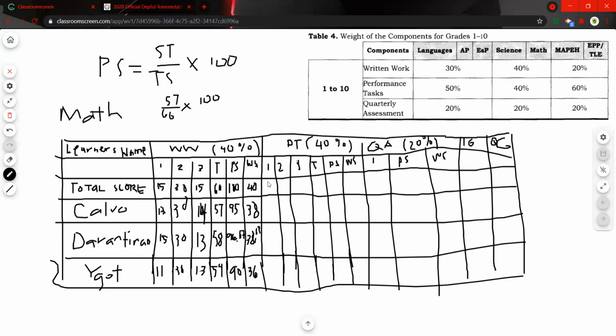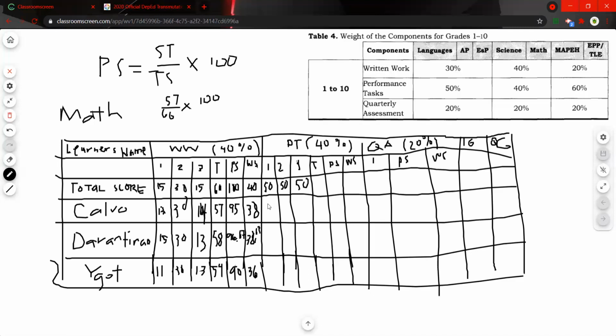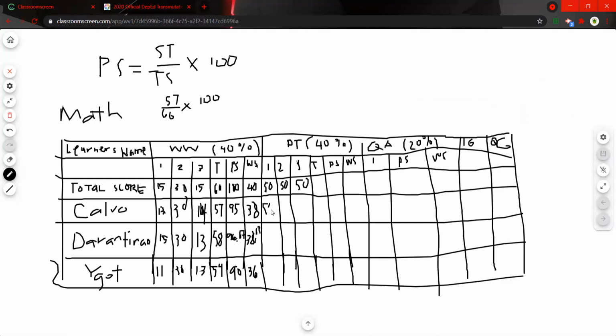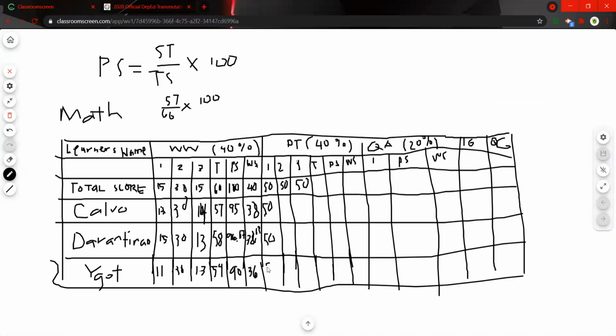Okay, for example, in our performance task, the total scores are 50, 50, and 50. So Calvo got 50 for the first PT. Then Darantinaw also got 50. Igot got 50.